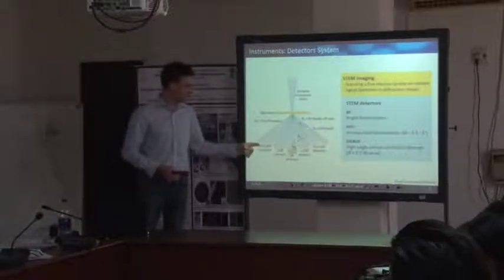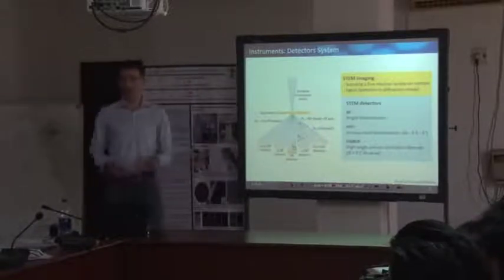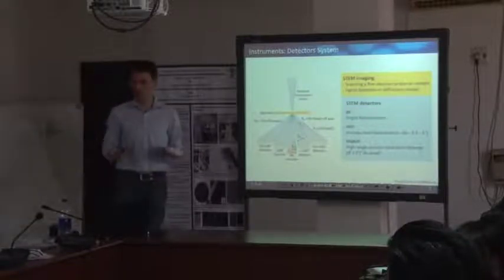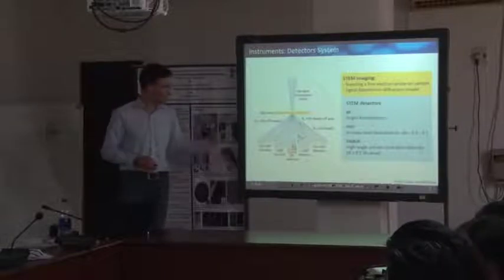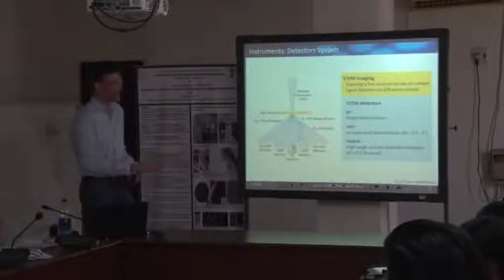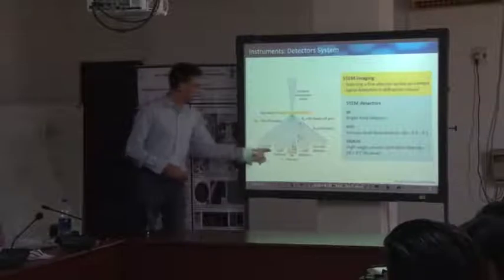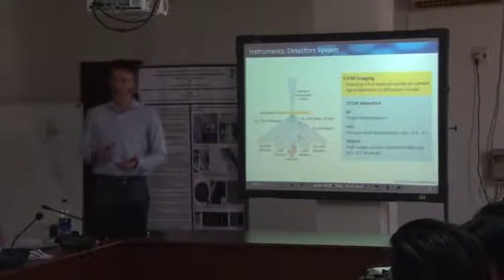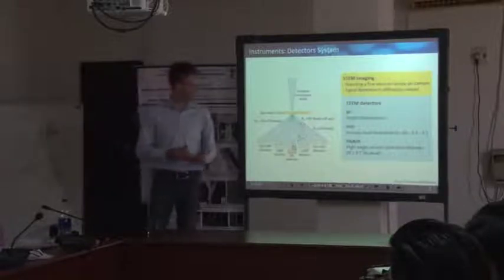Using just a larger angular range, those contrast contributions would vanish to a certain extent, so that we end up with this pure Z contrast. Then we might use a bright field detector, and as you will see, in particular to detect light elements in atomic resolution STEM imaging, the bright field detector plays a crucial role.